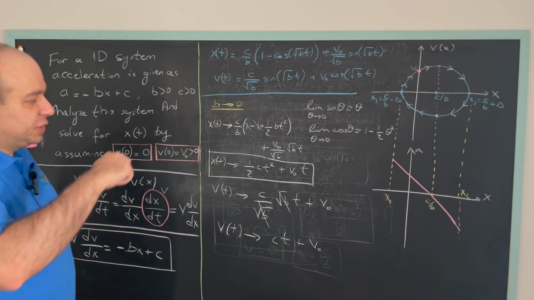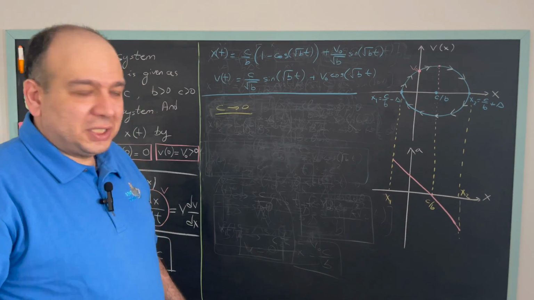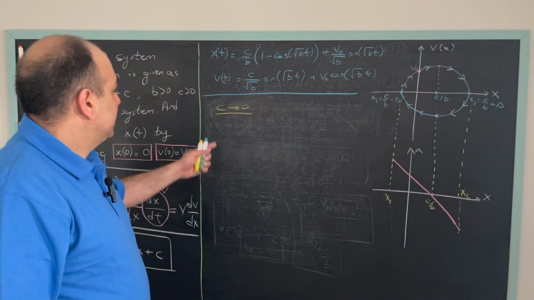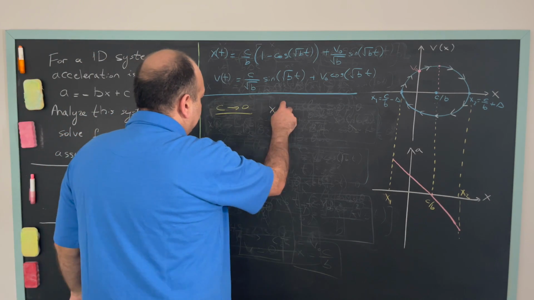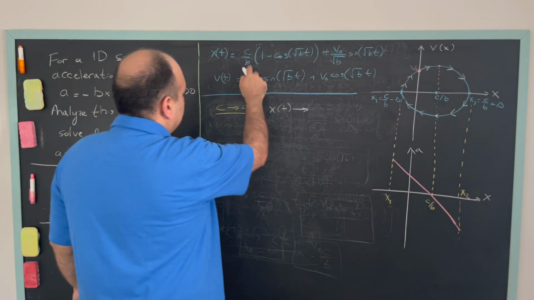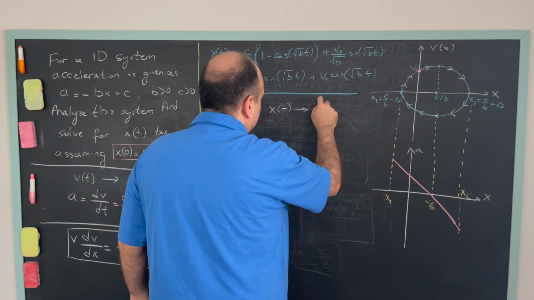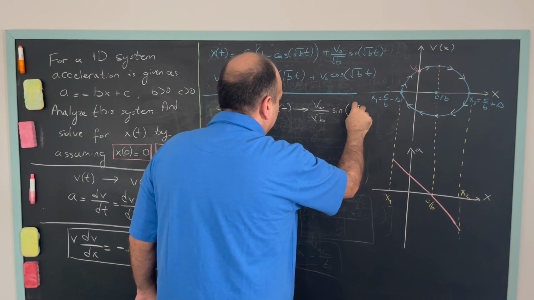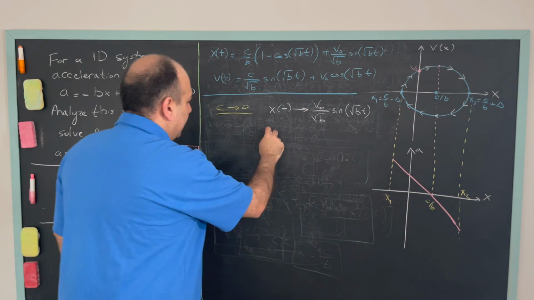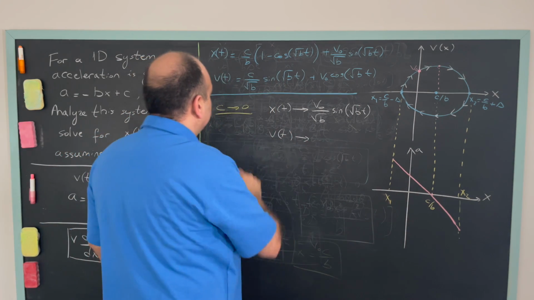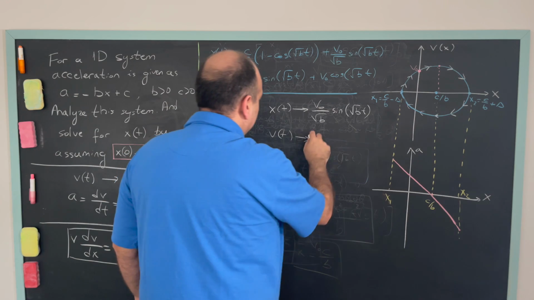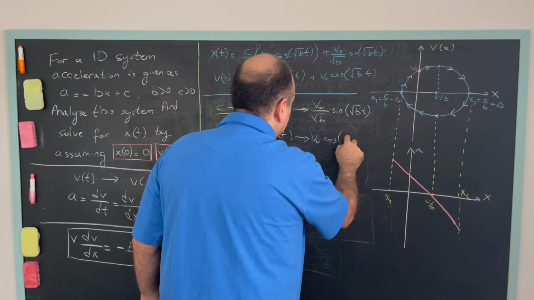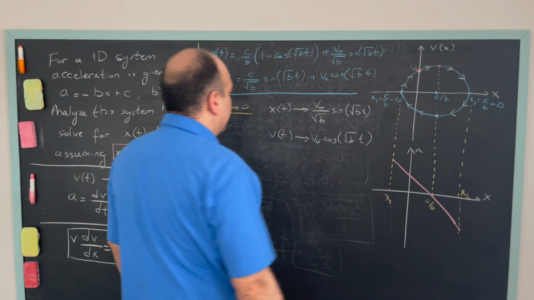Okay, so now we will check the other limit. Checking this limit is easy. When c goes to 0, x of t simply goes to, this term would be 0, so v naught over square root of b sine square root of b times t. That's it. And v of t will go to, this term would be 0, v naught cosine square root b times t.